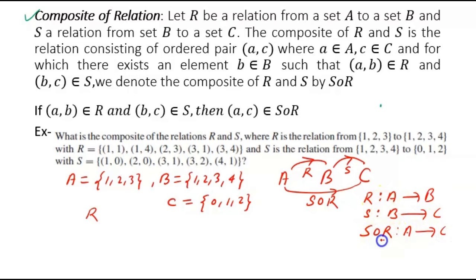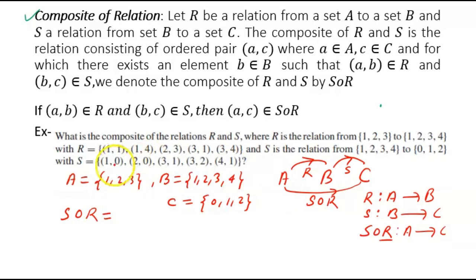First R is acting. R is going to take the elements of A to the elements of B, and then S is acting, which is going to take the elements of B to the elements of C. So if I ask you what is the composition of R and S, this is how we are representing it.